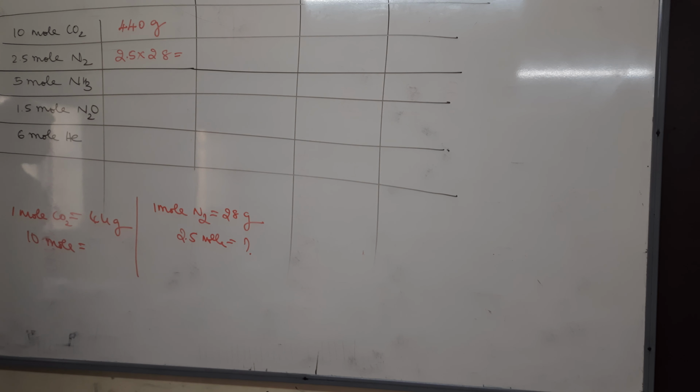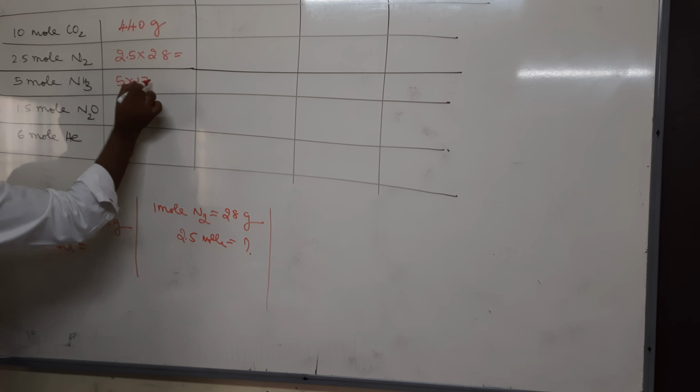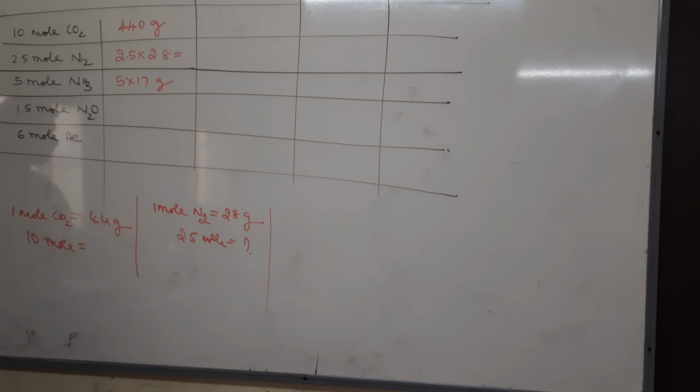Next, 5 moles of ammonia. What is the mass of 1 mole of ammonia? 17 gram. 5 mole is 5 into 17 gram. You just multiply gram molecular mass with mole.